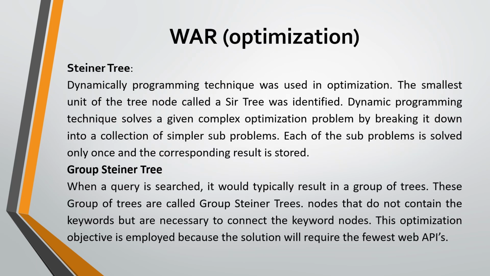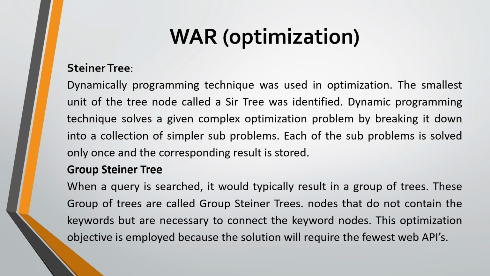So what is the optimization? There is the Steiner tree. It's a dynamic programming technique used in optimization. The smallest unit of the tree, the node, is called a tree was identified. Dynamic programming technique solves a given complex optimization problem by breaking it down into a collection of simpler sub-problems.